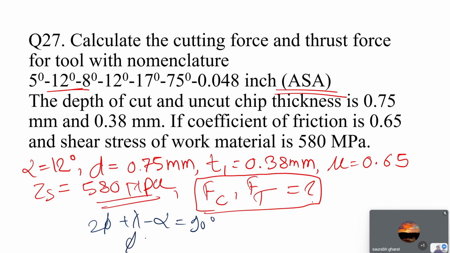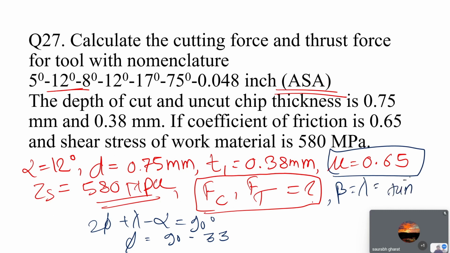So we have phi equal to 90 minus 33, because how did we get 33? Mu is 0.65, so your beta is equal to tan inverse of 0.65, which is 33.023.